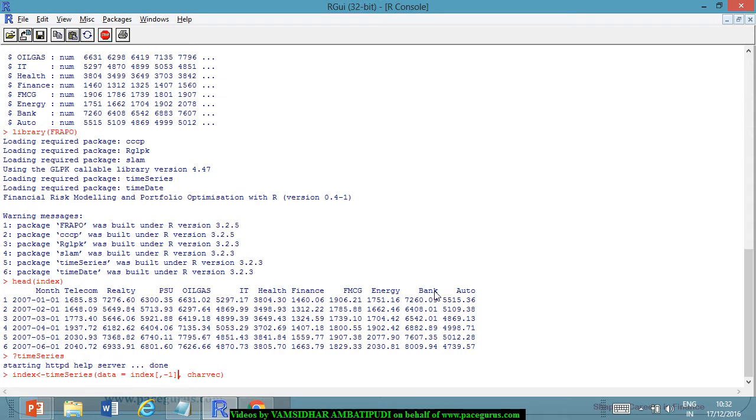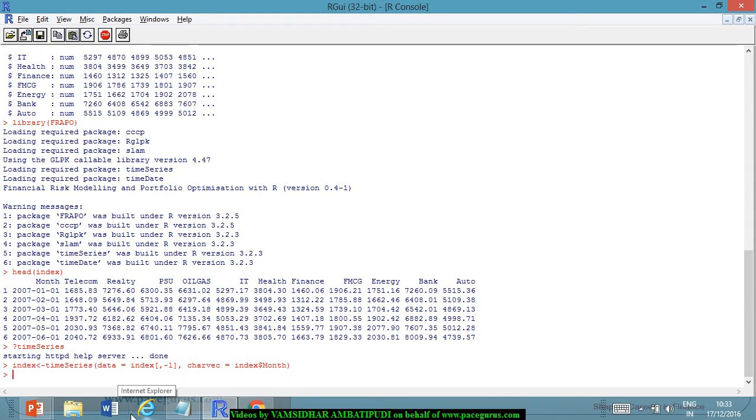So I'll take telecom, realty, all those different time series as the data. And as the character vector, I will take index$month. So I'm converting the whole data into a time series, and I'm assigning it back to the same index variable itself.